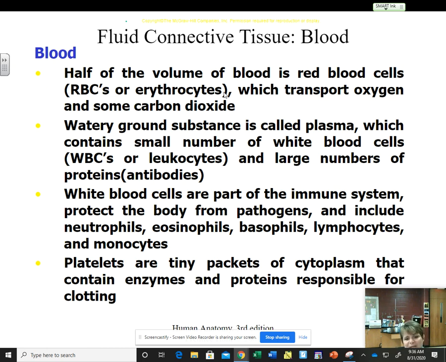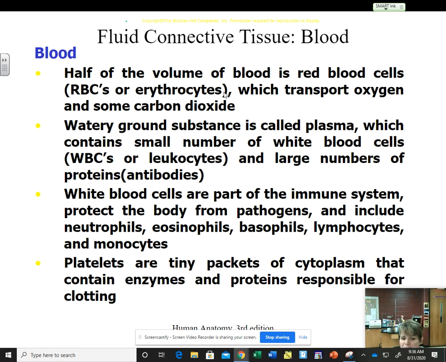As I said, the red blood cells are suspended in the plasma. The white blood cells are also suspended in the plasma. We also call those white blood cells WBCs or leukocytes. Again, leuko means white, so literally, leukocyte is white cell. Remember that white blood cells fight pathogens. They are able to attack and destroy pathogens. There's lots of different types of white blood cells.